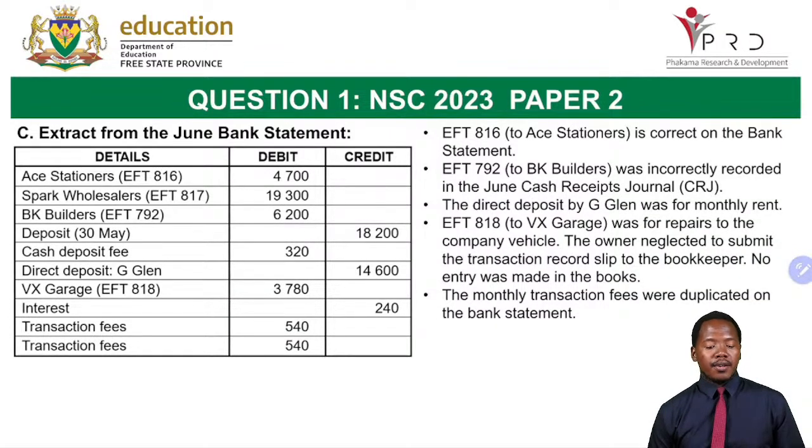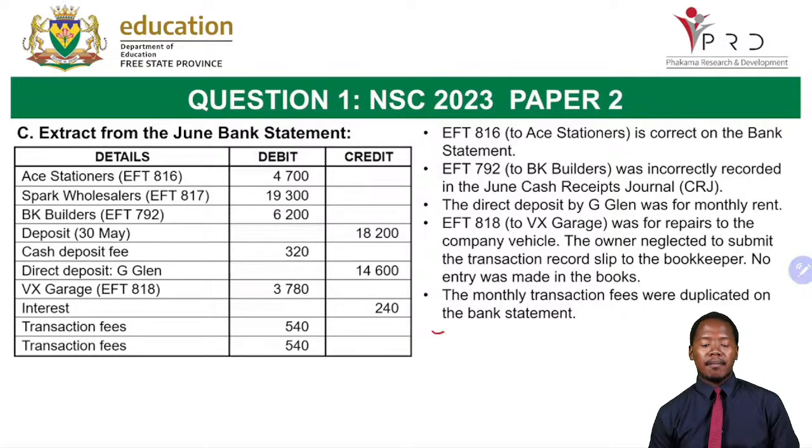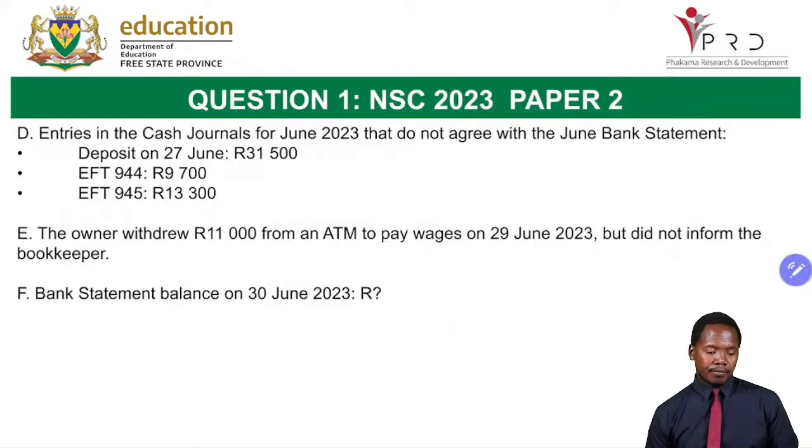Information C, there we have our information elaborating on the bank statement given to us from the first point to point number 5, EFT 816, up until the transaction that says the monthly transaction fees were duplicated on the bank statement. Okay.